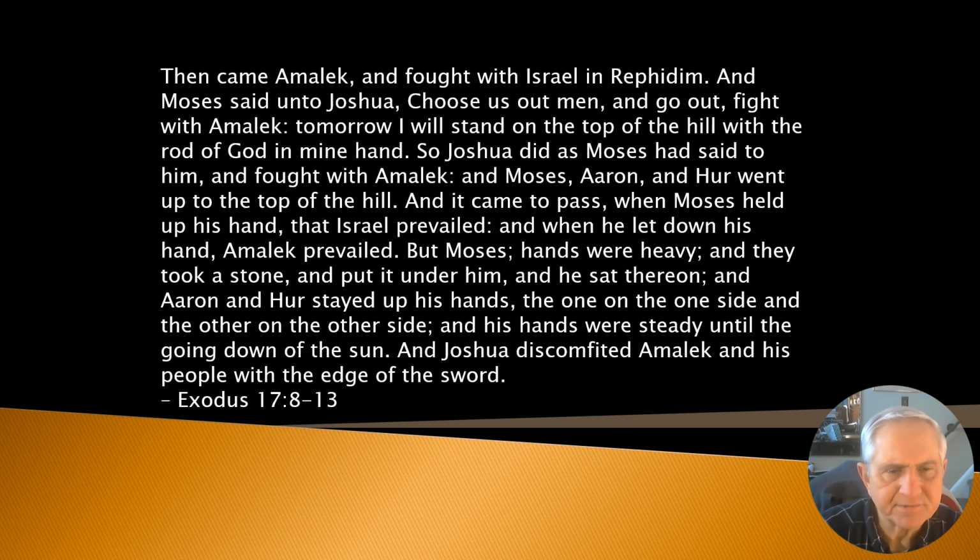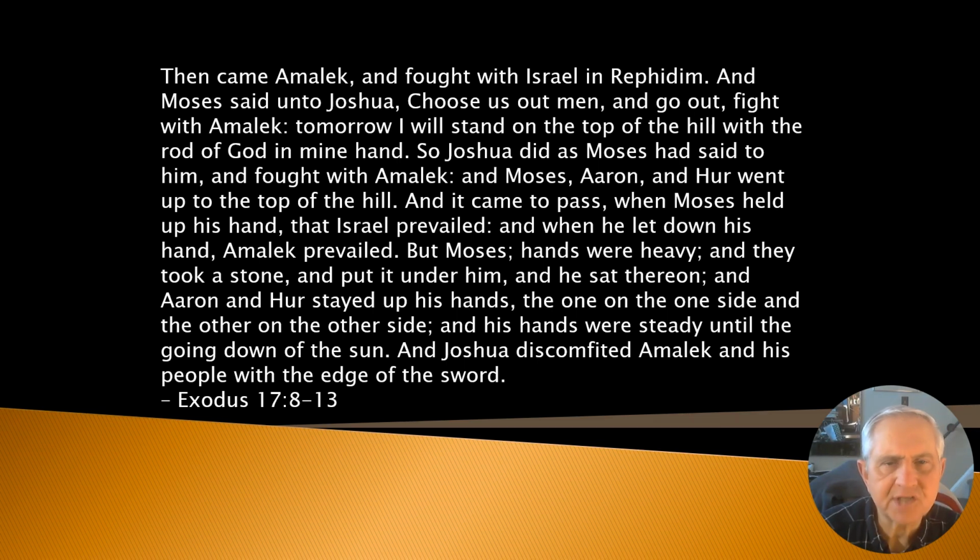Then in Exodus chapter 17 it says, And then came Amalek and fought with Israel in Rephidim. And Moses said unto Joshua, Choose us out men and go out, fight with Amalek. Tomorrow I will stand on the top of the hill with the rod of God in my hand. So Joshua did as Moses had said to him and fought with Amalek.